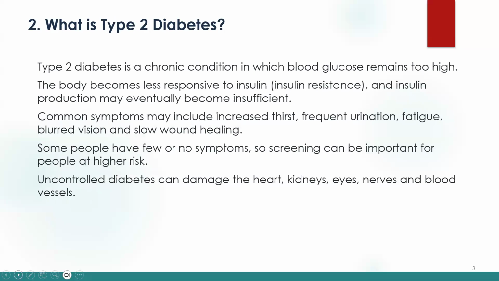Now, what is type 2 diabetes? Type 2 diabetes is insulin resistance diabetes. That means though the pancreas has the ability to synthesize and secrete insulin at the normal level or more than normal, in spite of that, there is some defect, mainly a genetic defect, in the insulin receptor.